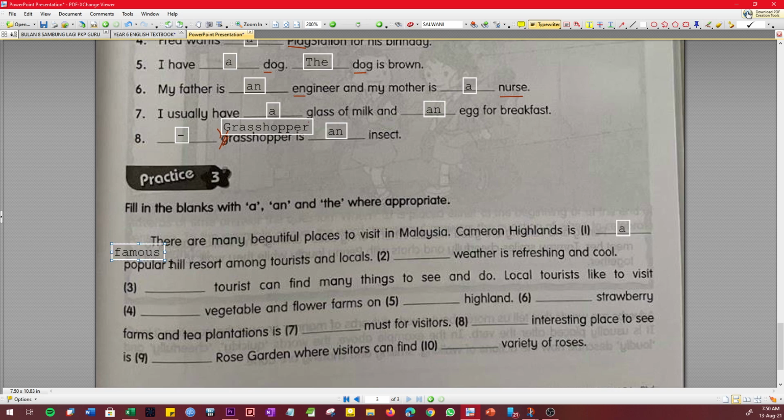Hill bukit ke gunung ke gua? Hill. Bukit. Hill bukit. Kalau gua, cave. Kalau gunung, mountain. Bukit, hill. Right?